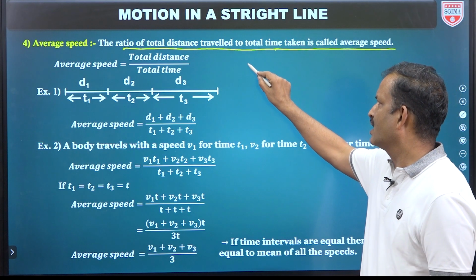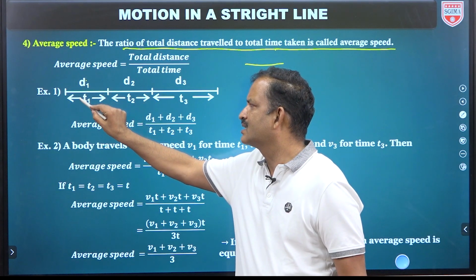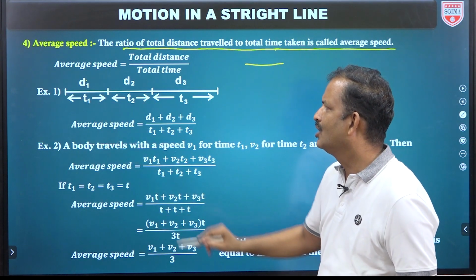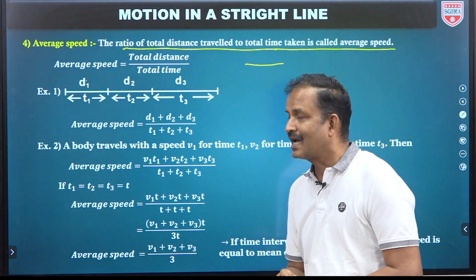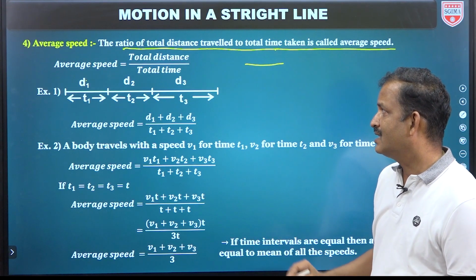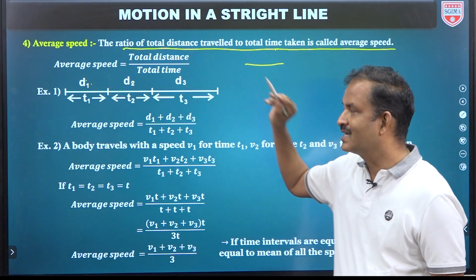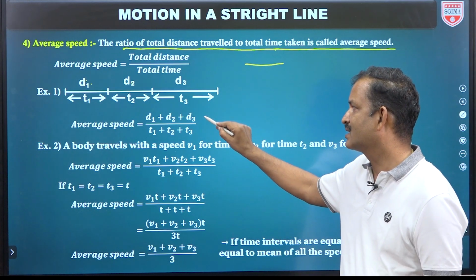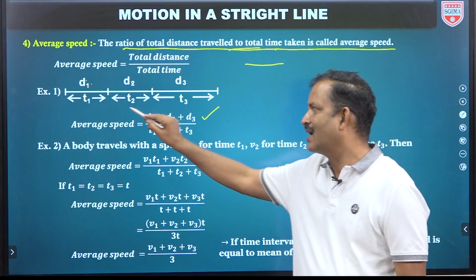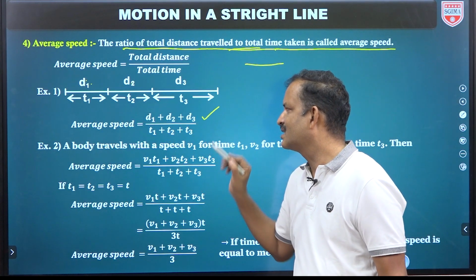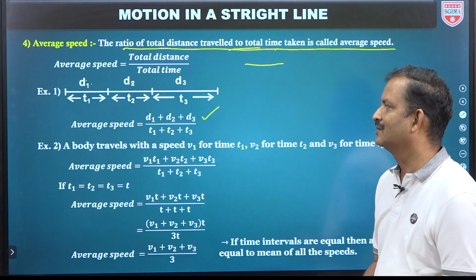Suppose a body covers d1 distance in time t1, d2 distance in time t2, d3 distance in time t3. Average speed means d1 plus d2 plus d3, the total distance covered, by the total time t1 plus t2 plus t3. This is the average speed.